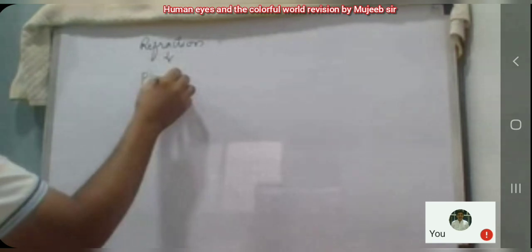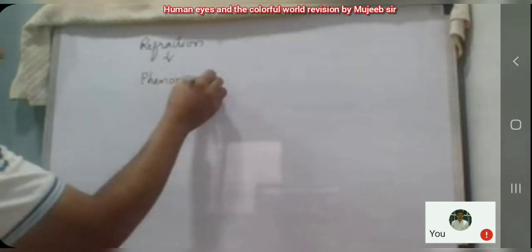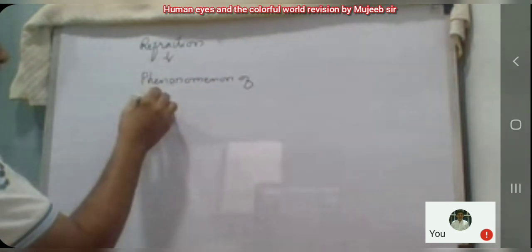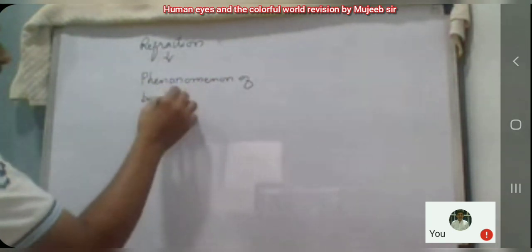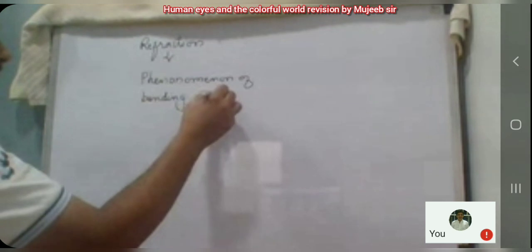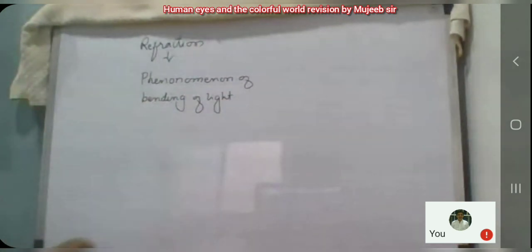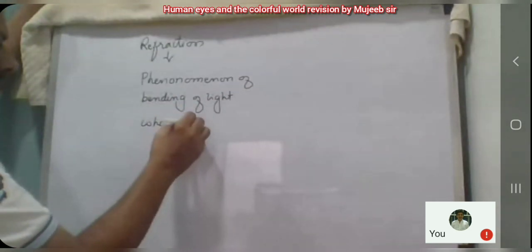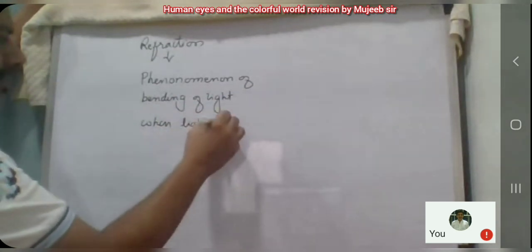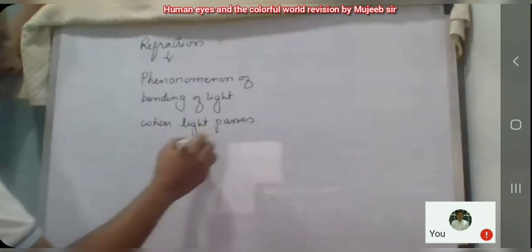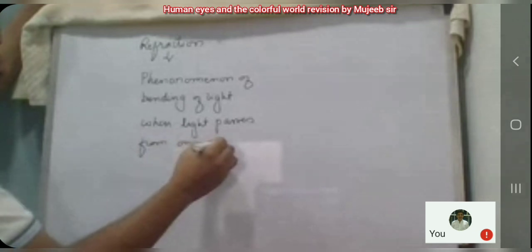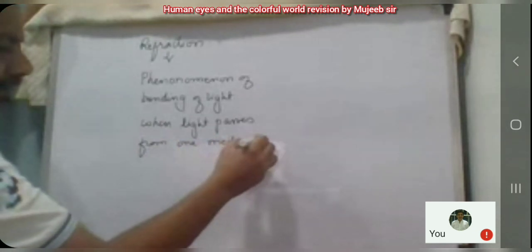It is the phenomenon of bending of light when light passes from one medium to another medium.